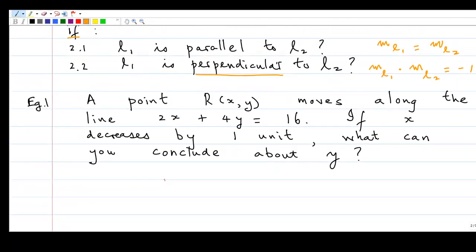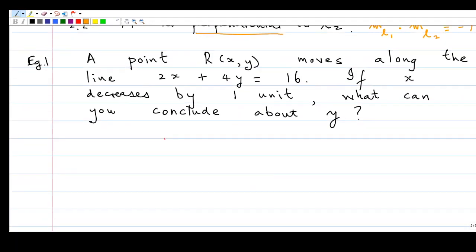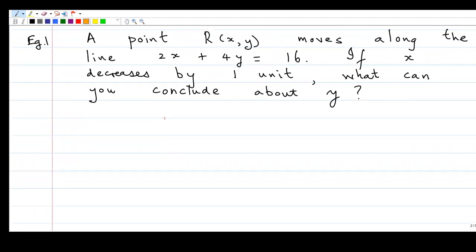Let's look at example 1. A point R, capital R, points are labeled with capital letters. A point capital R, right, given by the coordinates x and y, moves along the line 2x plus 4y is equal to 16.